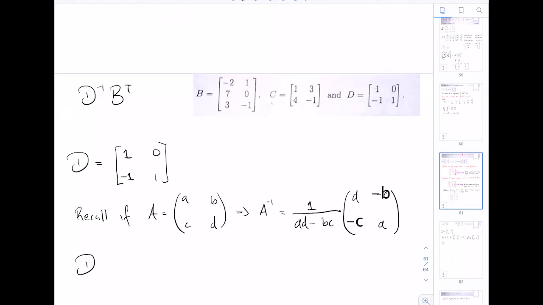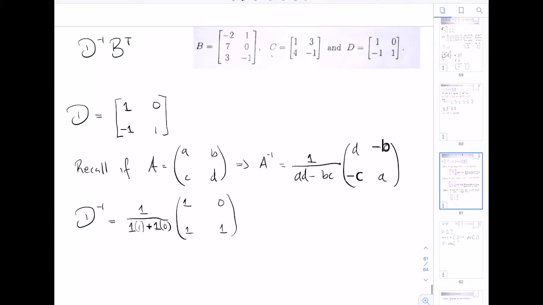For our matrix D, the inverse is going to be 1 over 1 times 1 minus 1 times 0, well, this is actually a plus, times 1, 0, 1, and 1. So after simplifying, we should get 1 over 1 times 1, 0, 1, 1.